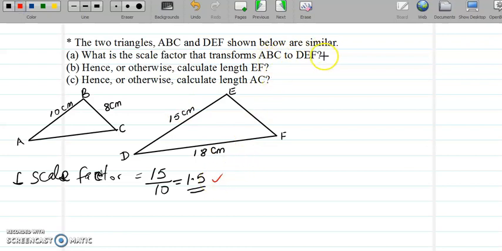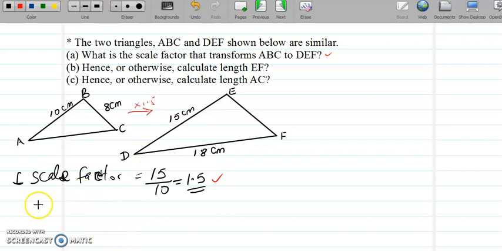That's for this. Now the second one says, hence or otherwise calculate length EF. This is length EF. Since we want to move from the small shape to the large shape, we need to multiply by the scale factor.